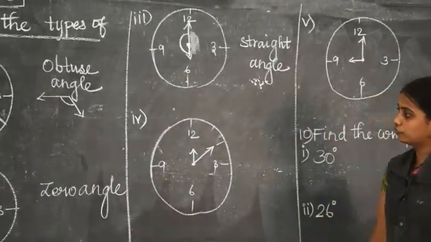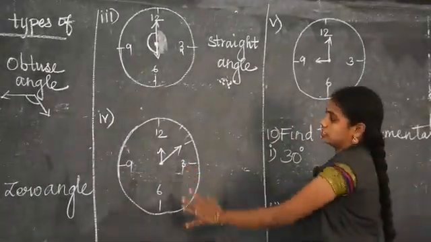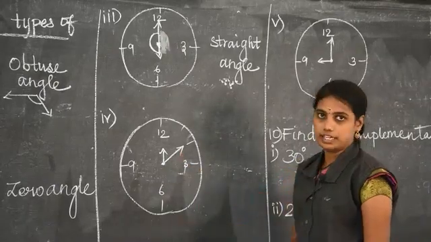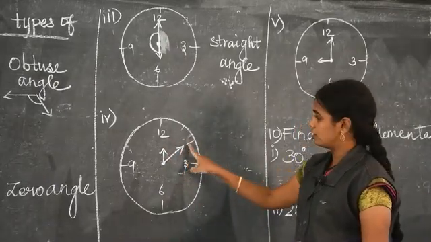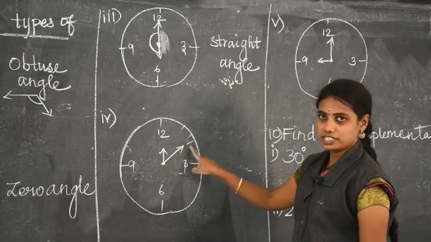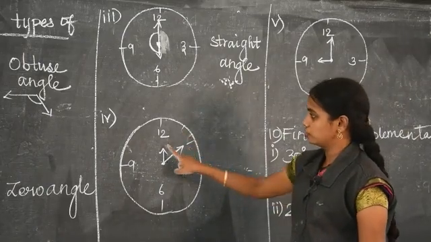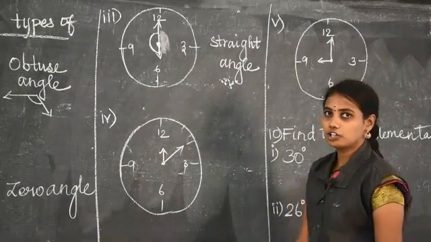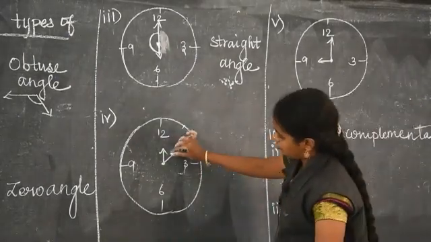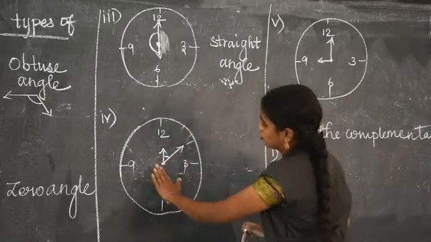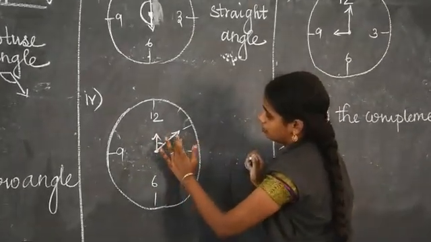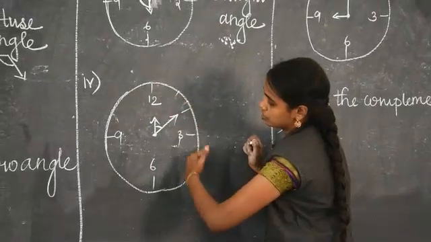Next, option 4, listen to me. See the time, hour hand and minute hand. It is near 12. The minute hand is on 2, which is 10 minutes. So 12:10 is the time. So now the angle is formed here. You cannot write the angle here, because at 12:10 the minute hand will be moving clockwise, like this.